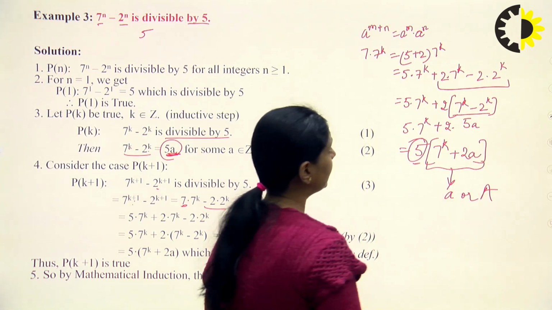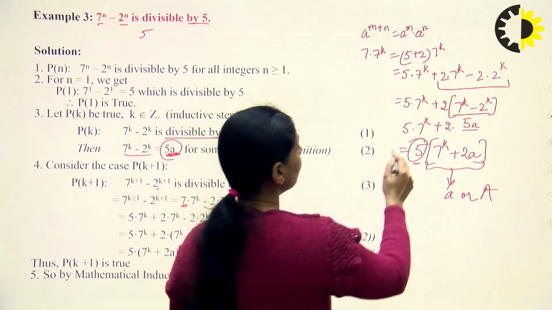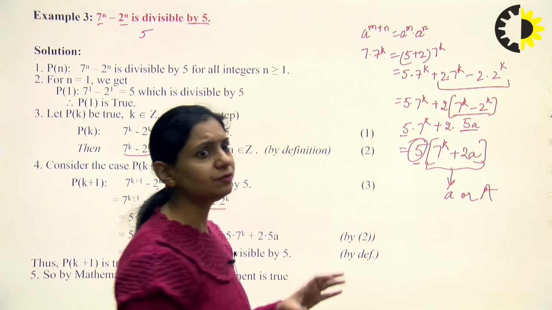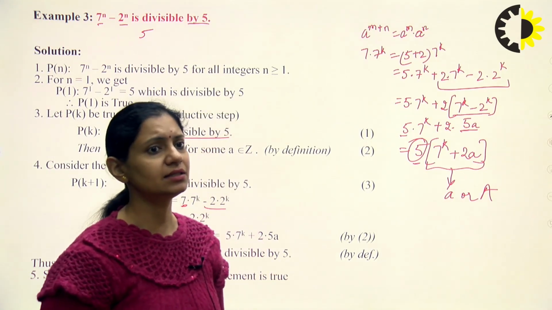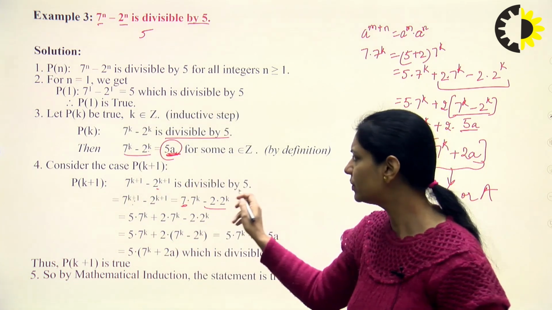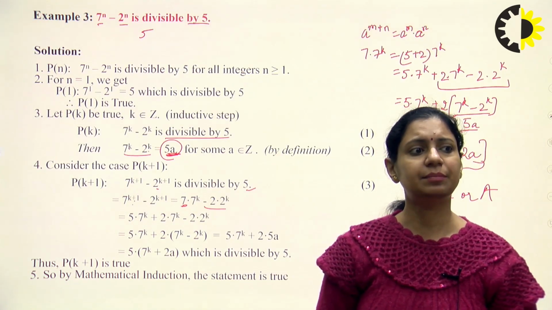Instead of 7 to the power k minus 2 to the power k, we substituted it as 5a. Now, this has 5, this has 5. We took 5 common. 5 multiplied by anything becomes a multiple of 5. And hence, 7 to the power k plus 1 minus 2 to the power k plus 1 is divisible by 5, which says that pk plus 1 is true.